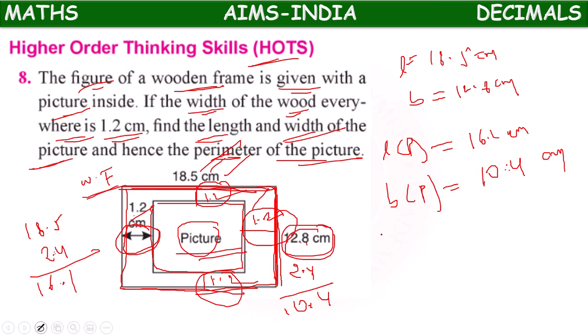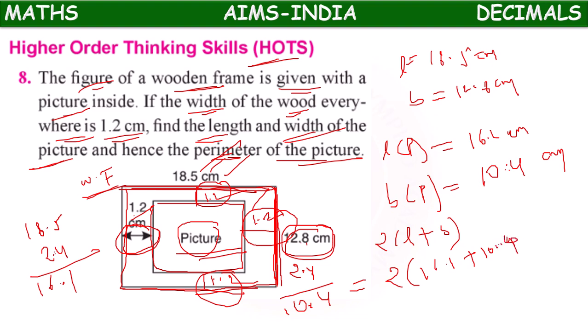So now what? Perimeter of the picture. What is the perimeter of picture formula? Because it is in the shape of rectangle, 2 bracket length plus breadth. 2 bracket length how much? 16.1 plus 10.4.